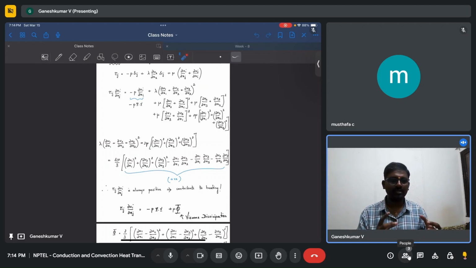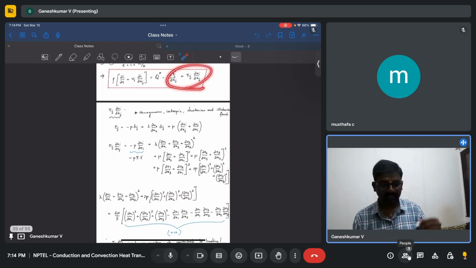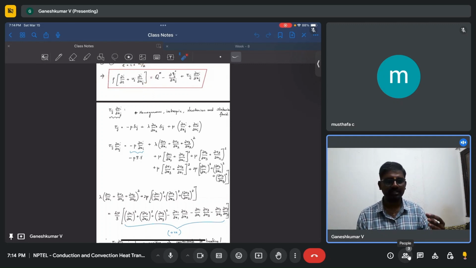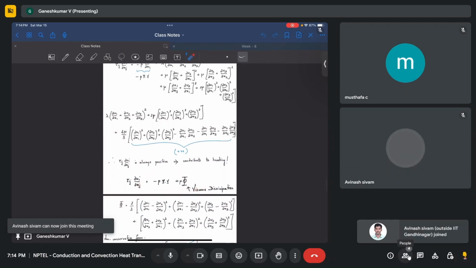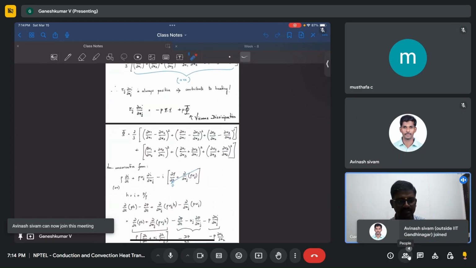It's going to heat it, so it will always be positive. It cannot cool it. If it is positive, the left hand side of this equation is positive, which means the internal energy will continuously increase. If internal energy increases, temperature increases. Basically it's a heating process. So this is what we summarized in the previous week with the viscous dissipation term.